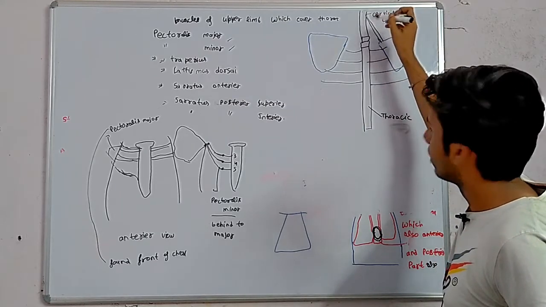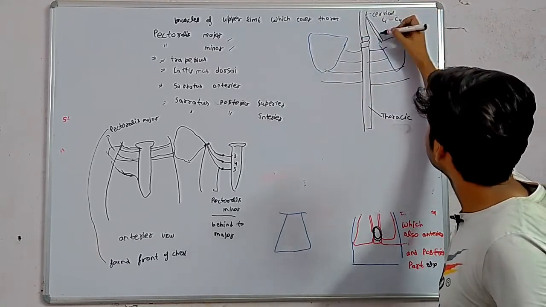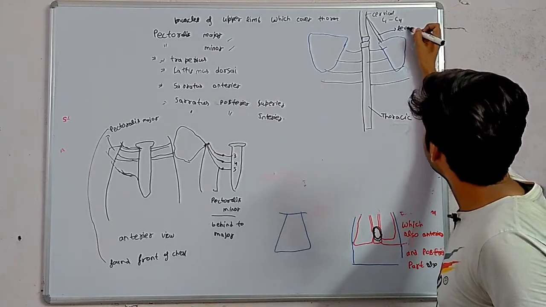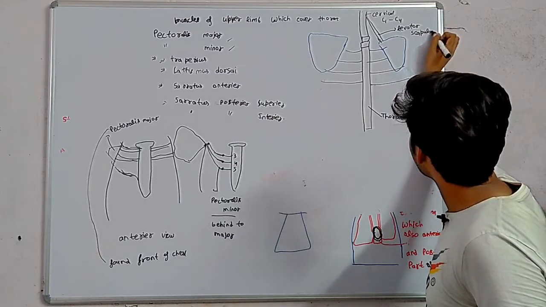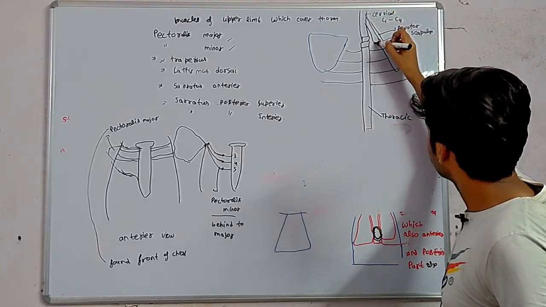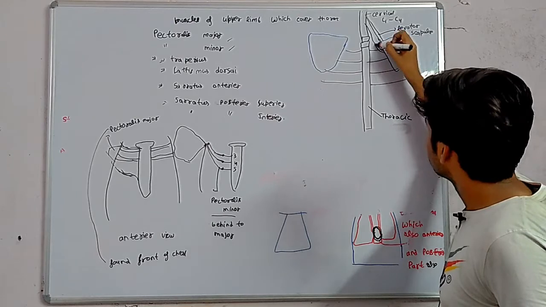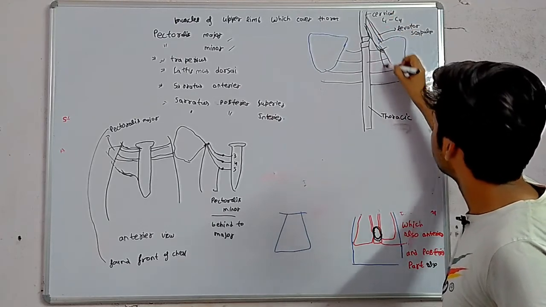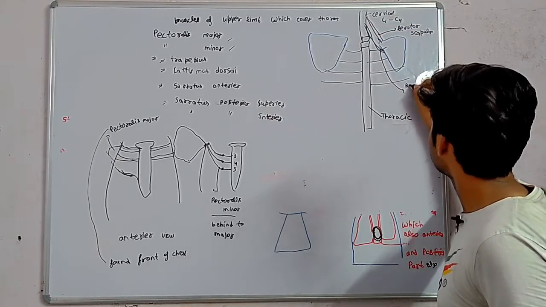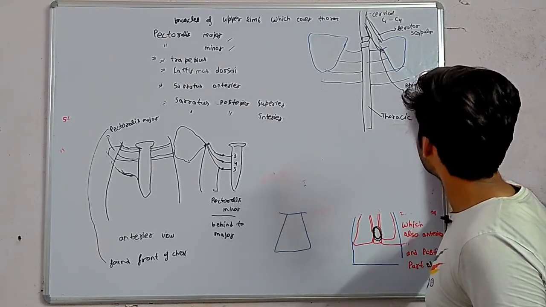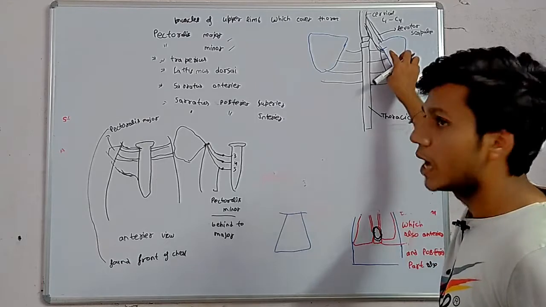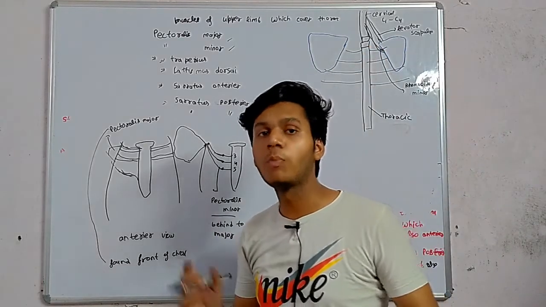Then just below levator scapulae is rhomboides minor, attached to the spinous margin of the scapula on the posterior aspect.